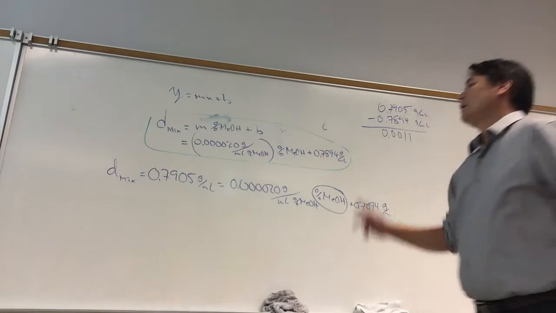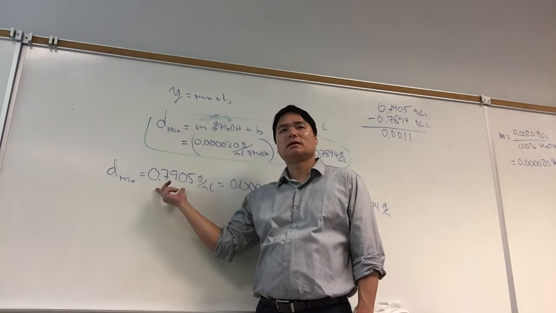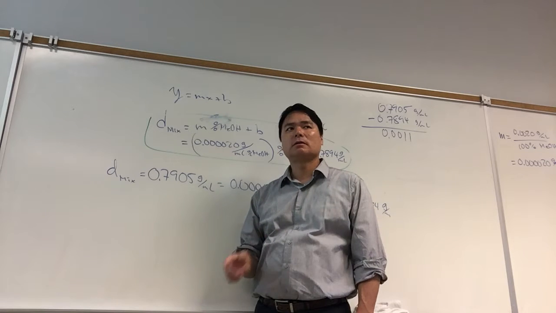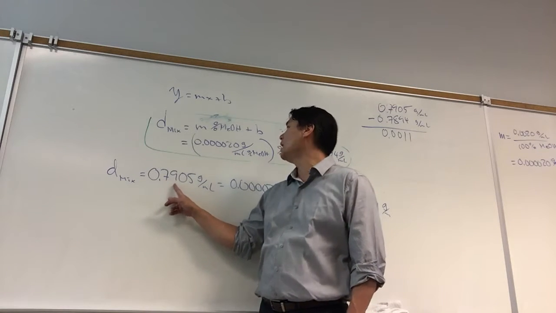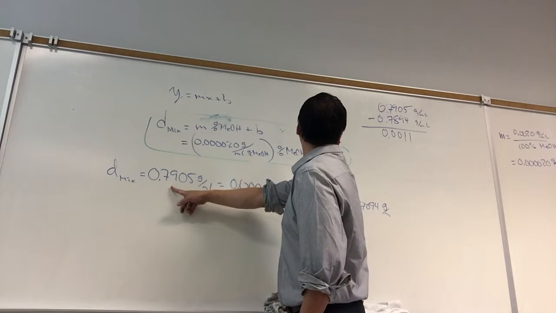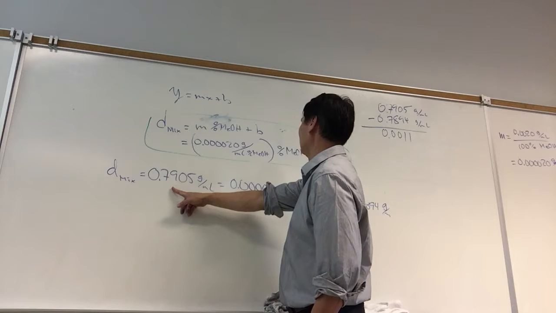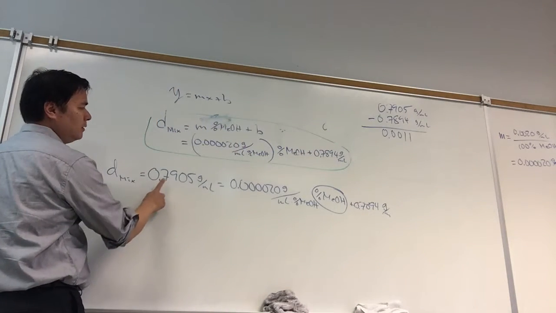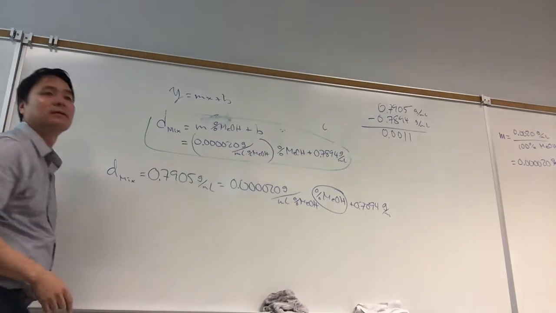We just looked at that, but let's say, where did this number come from again? I gave it to you. But what if I gave you this number? What if I said the density of the mixture is 0.7900?